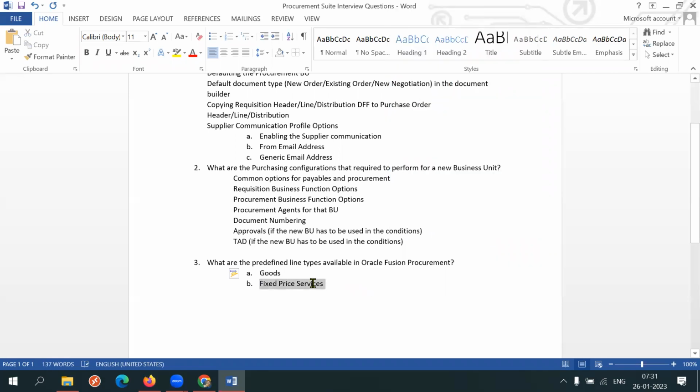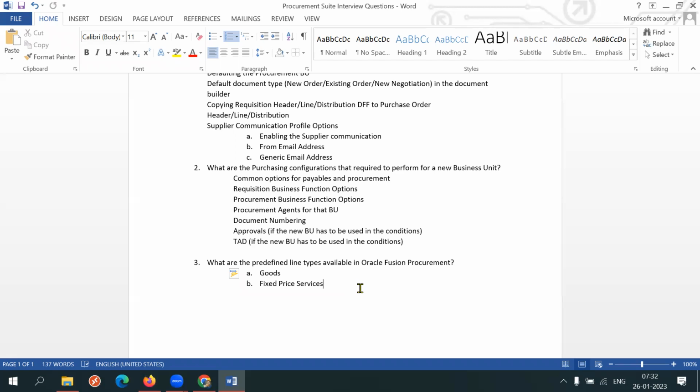For fixed price services, the best answer is it's not an expense item. When you're consuming a service, you don't enter the quantity. In that case, we pay some fixed amount to the supplier. That's better.